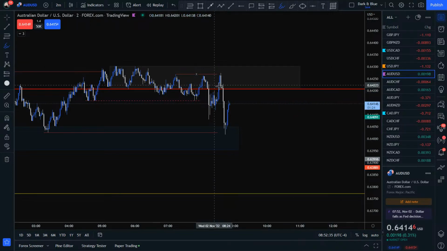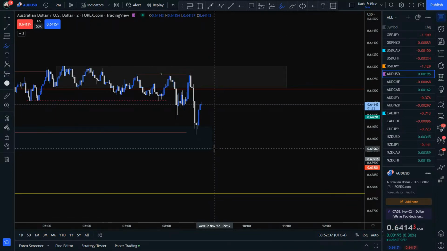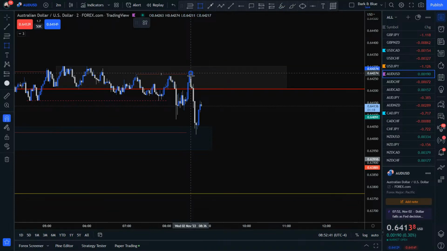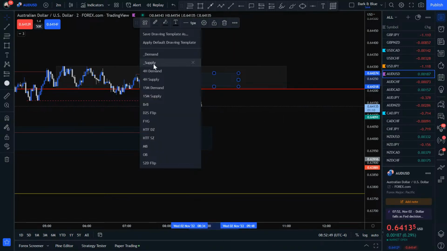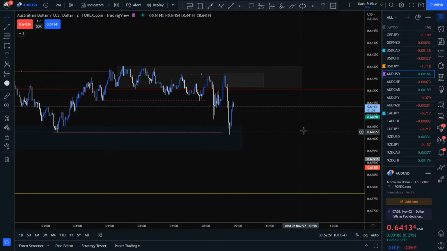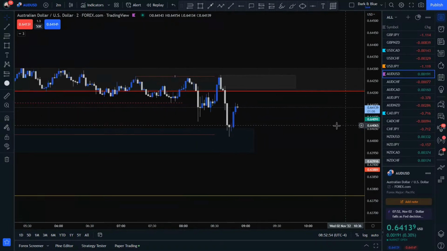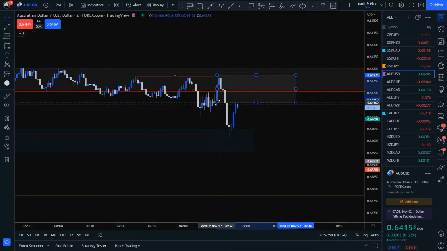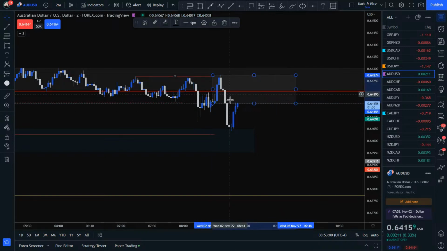This one is checking those boxes, and we are coming up in this area here. This is the extreme of the zone. And I think it would present a pretty good opportunity to take a short, take a sell. Now, some of you will mark your zone from here. I do.